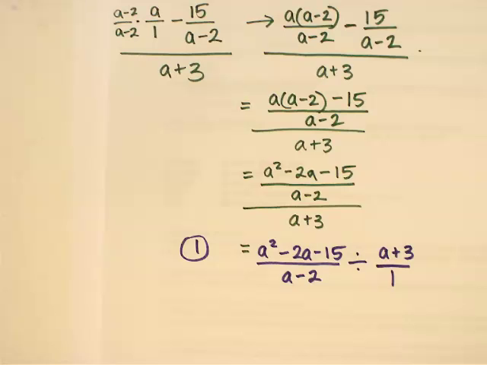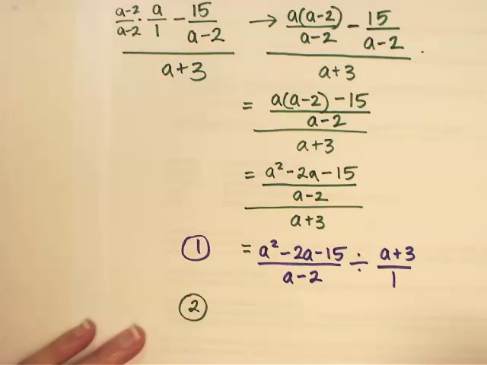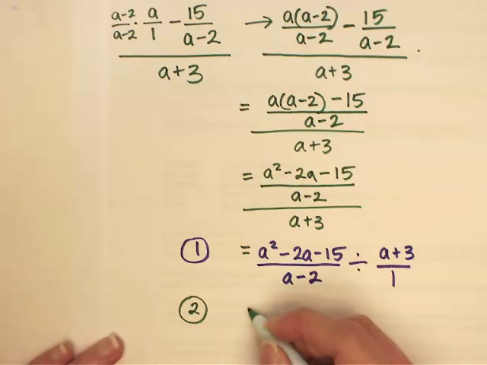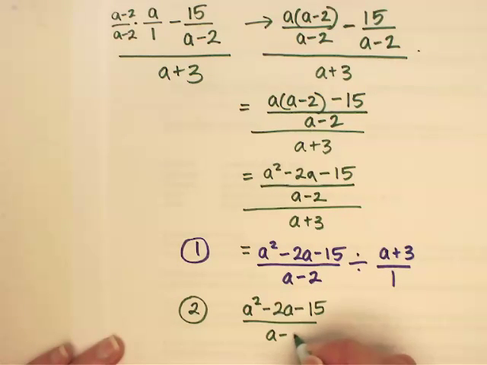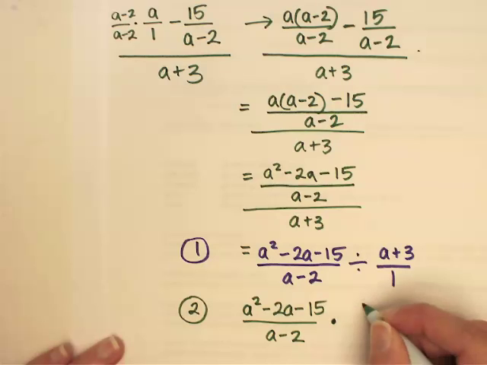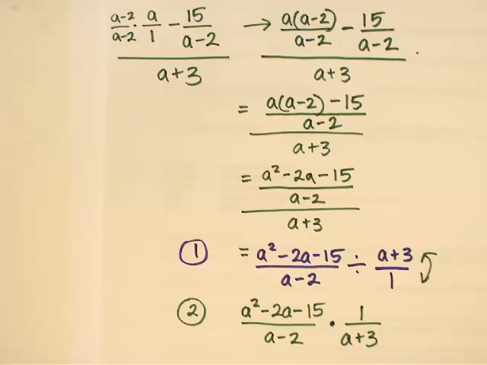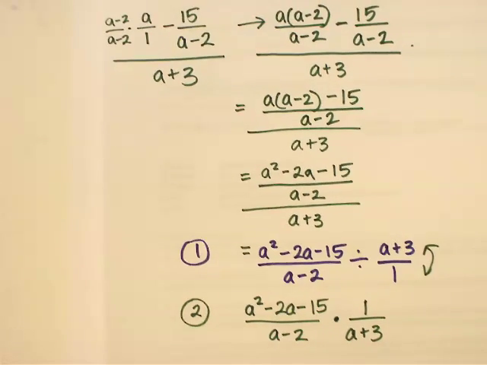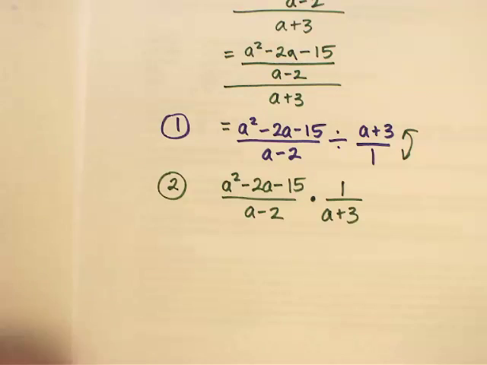Okay. Step 2, we're going to multiply it by its reciprocal. So that becomes a squared minus 2a minus 15 over a minus 2 multiplied by, flip it, 1 over a plus 3. Okay, so now once we have that, we can go ahead and multiply as usual.